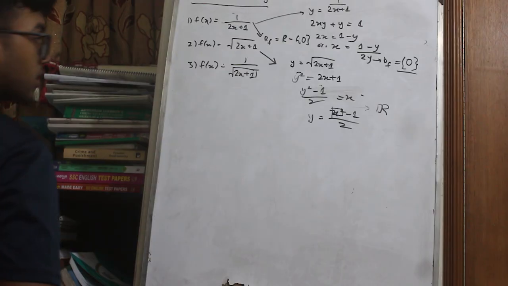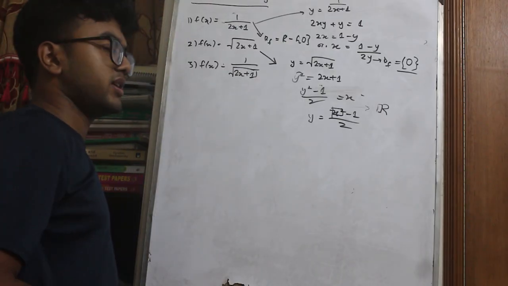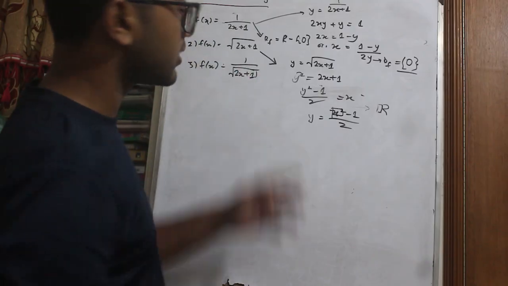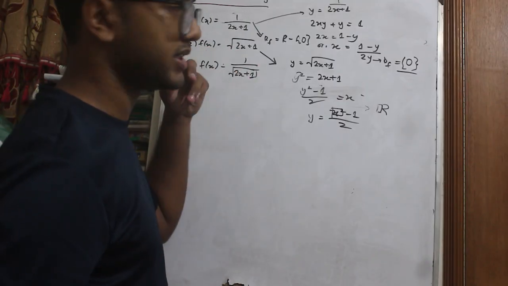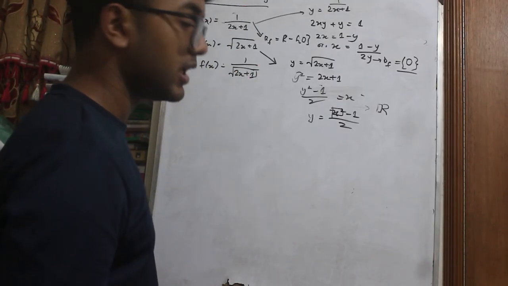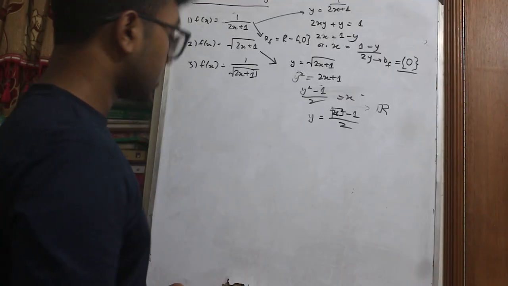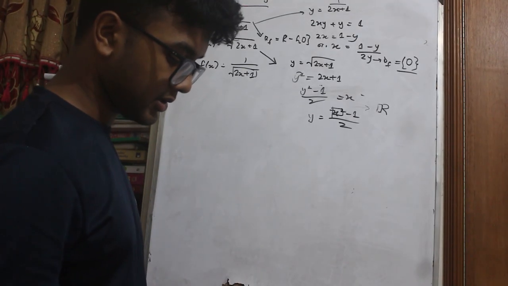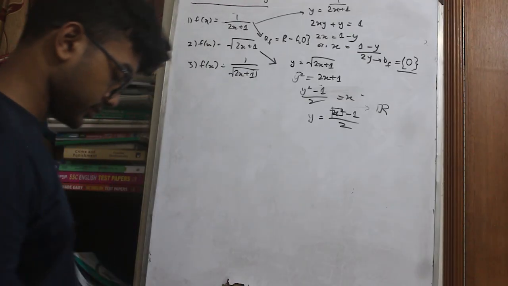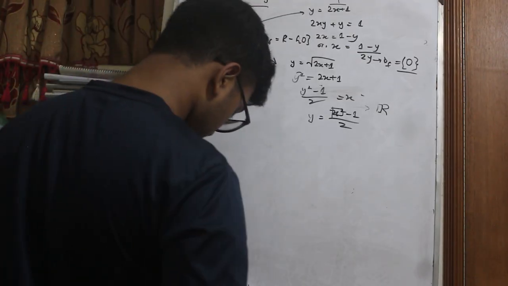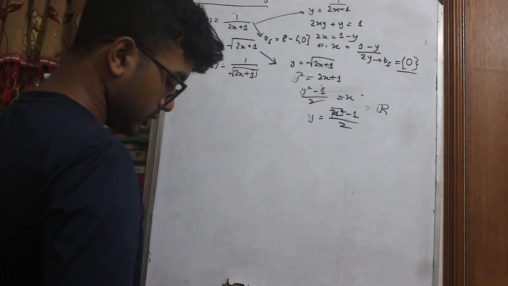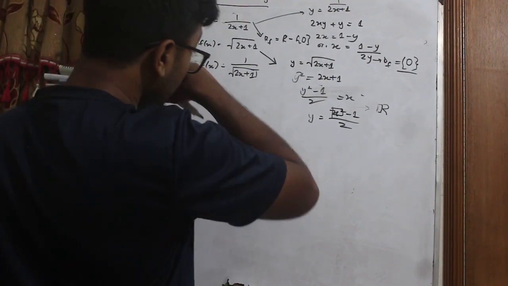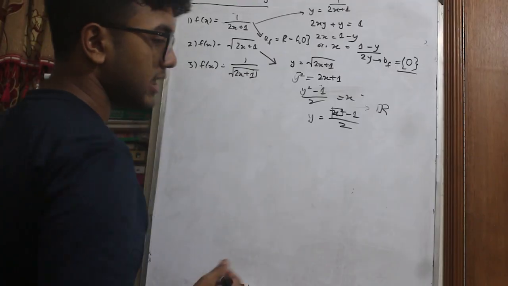But there is a bit of an exception here, because we can clearly see that this will never give any negative values. For example, if we put 0, it gives us 1, and if we put minus 1, there is no value. And if we put 1 by 2, it gives us root 2. So it will never give us any negative value.